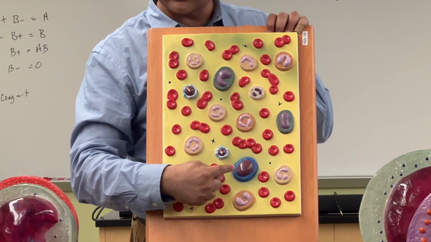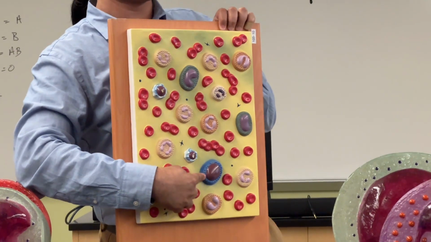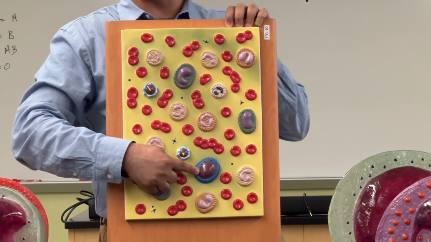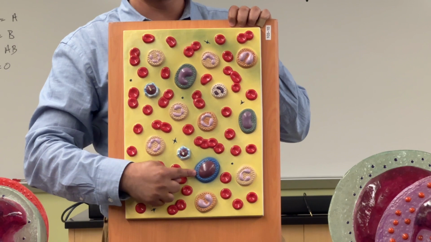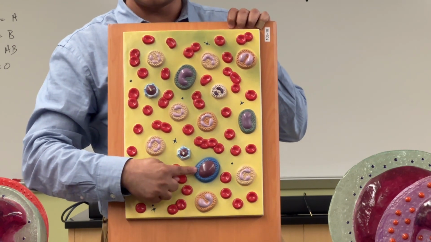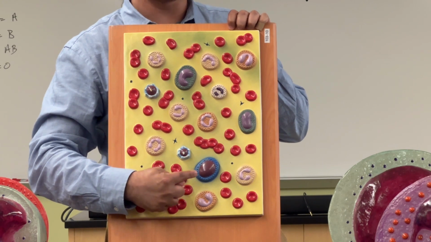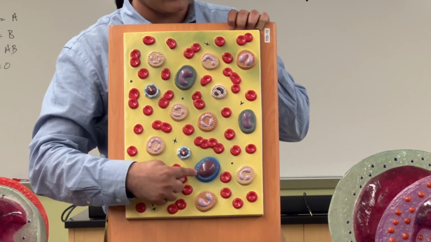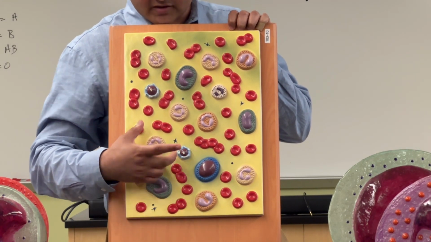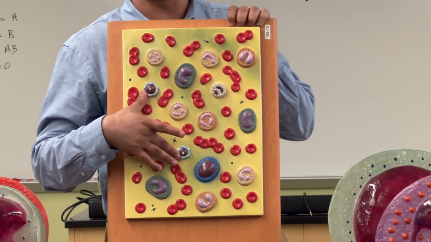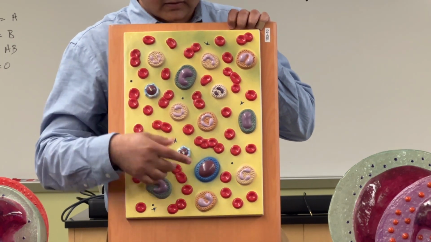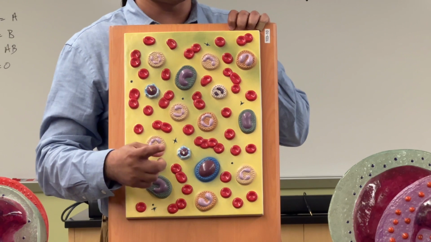This is the only cell with a blue cell membrane. Which one is that? The megakaryocyte. These are lymphocytes. This is a megakaryocyte. Do not make that mistake.